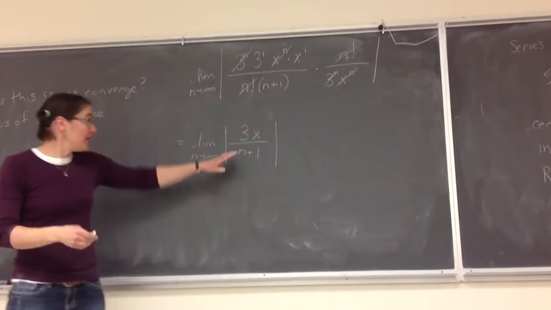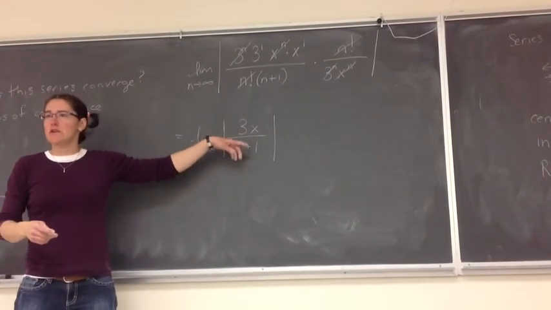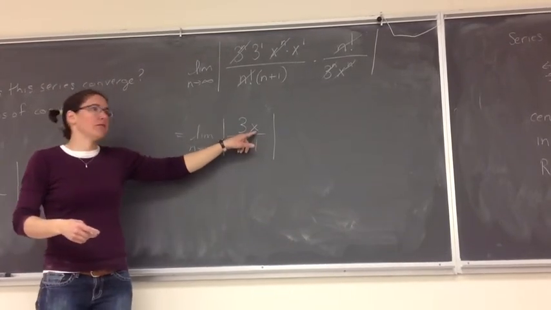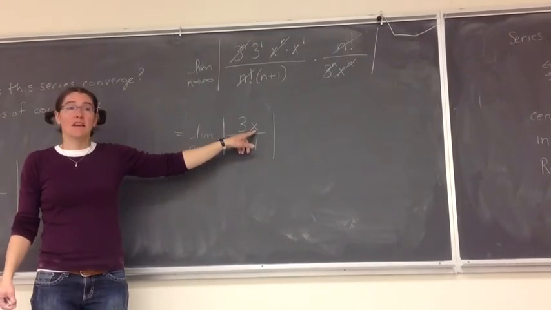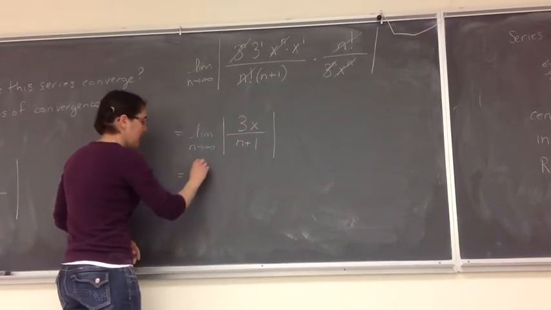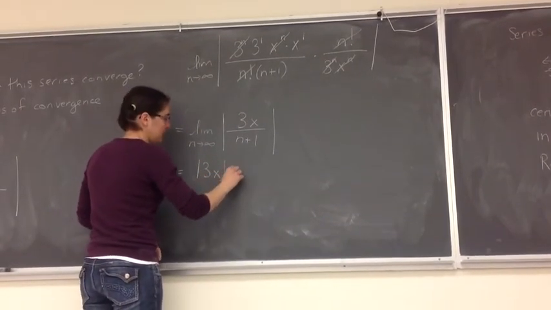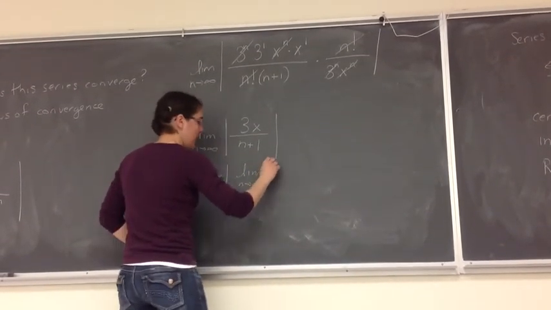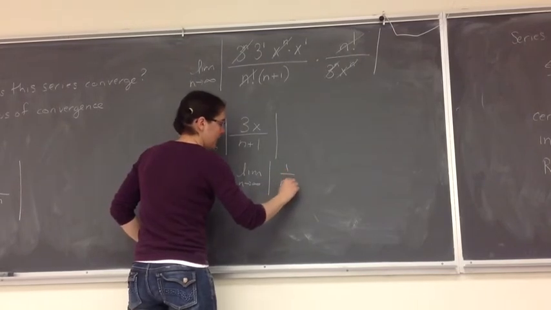Alright, so I want to evaluate this limit. But in order to evaluate the limit, I'd like to get rid of some of the pesky terms. Really, the only one that really concerns me is this x. So I'd like to pull that out in the front. I might as well go ahead and pull the 3 out in front as well. So I've got absolute value of 3x times the limit as n goes to infinity of 1 over n plus 1.